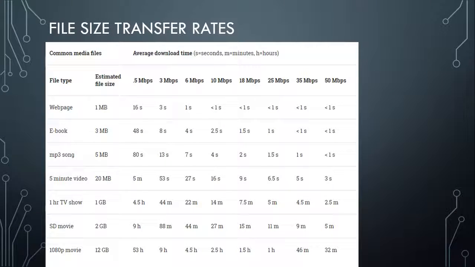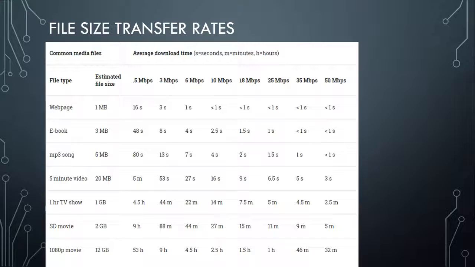Our last slide is file transfer rates, because all these different file sizes correspond to what we talked about in the previous lesson, megabits versus megabytes. Here I have some different types of file sizes, pulled from an article published by AT&T that talked about the different kinds of media files and how long it can take to download them depending upon your speed.